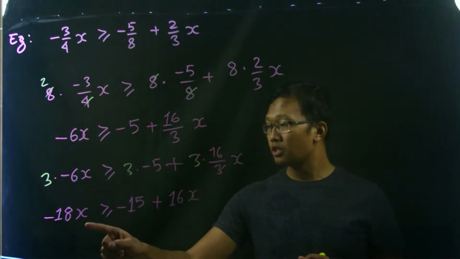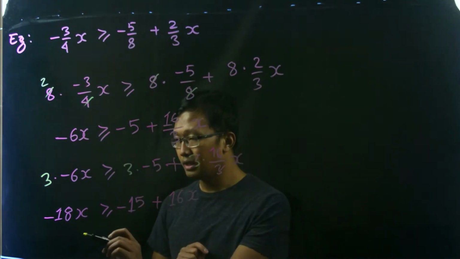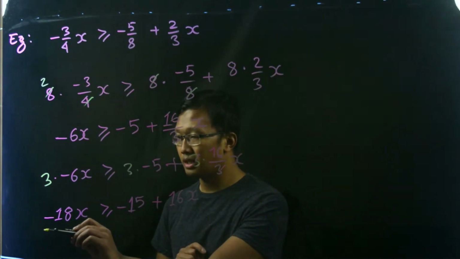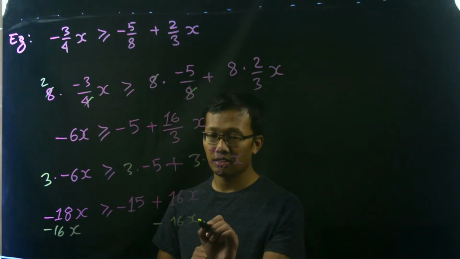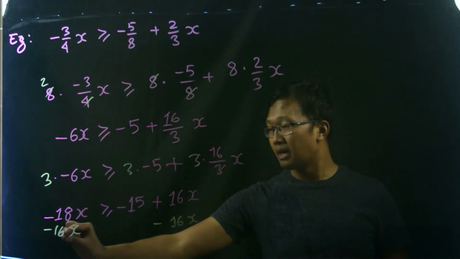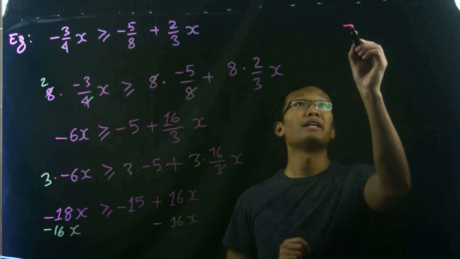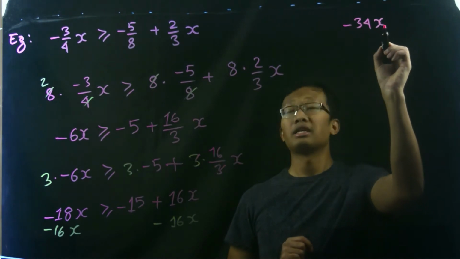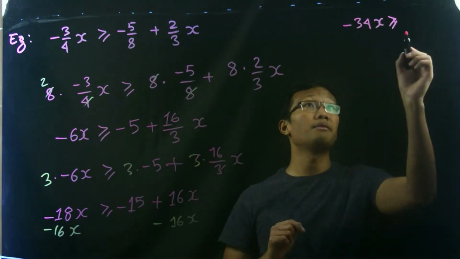So let us subtract 16x from both sides, negative 16x, negative 16x. Negative 18x minus 16x on the left hand side is negative 34x, which is greater than or equals to negative 15.